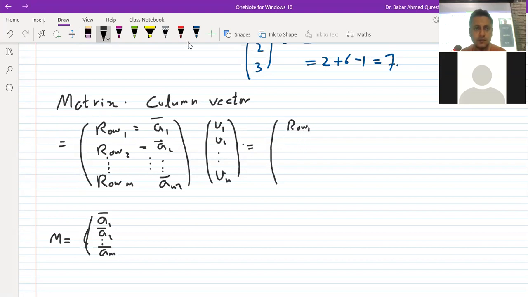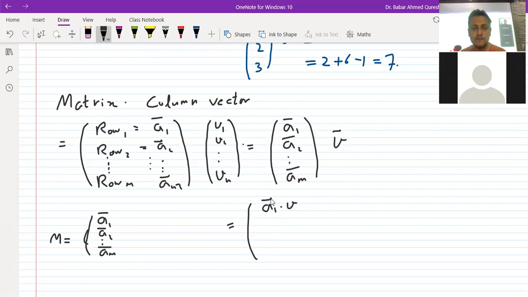So let's write it this way: A1, A2, AM. So this is a matrix and you're multiplying it with a vector B. So the formula says take this dot product. Make the dot product of each row vector with your given vector.